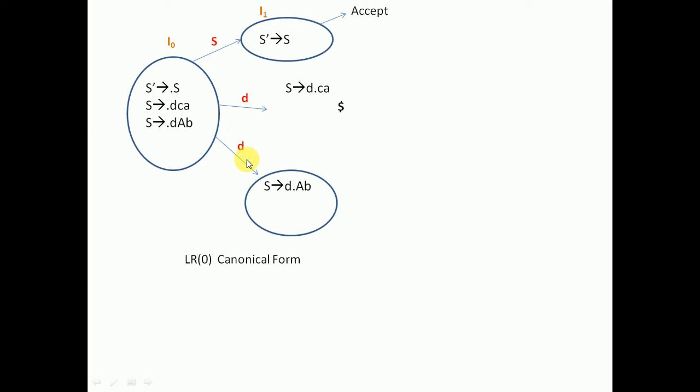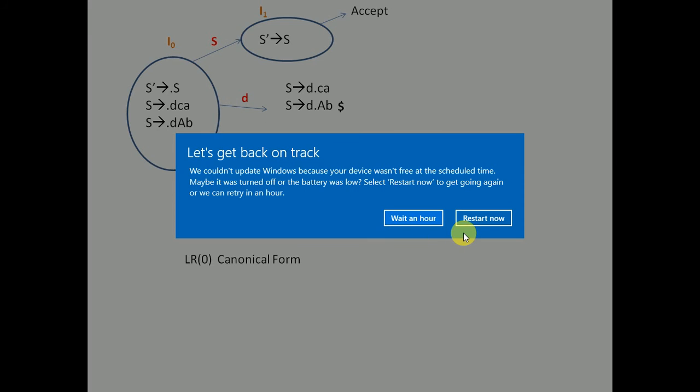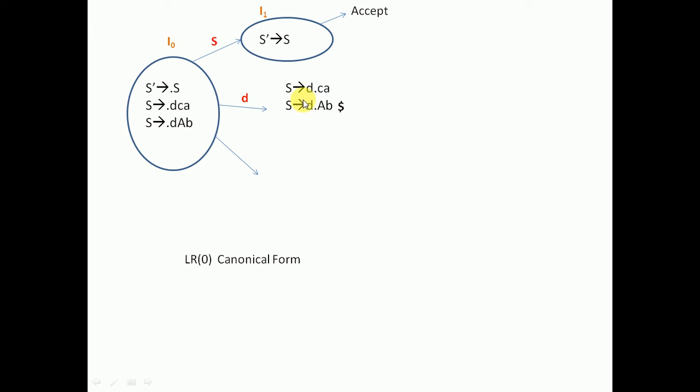This becomes non-deterministic, but LR0 and LR1 are deterministic only. So we have to combine these two moving productions into a single state. We remove these and add them to the set created by the move over small d.